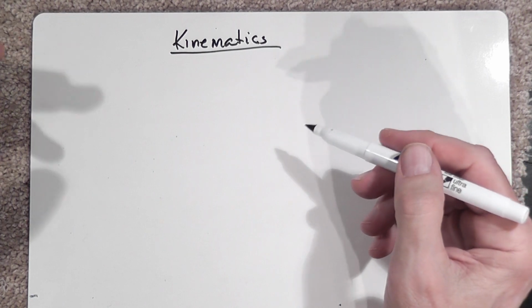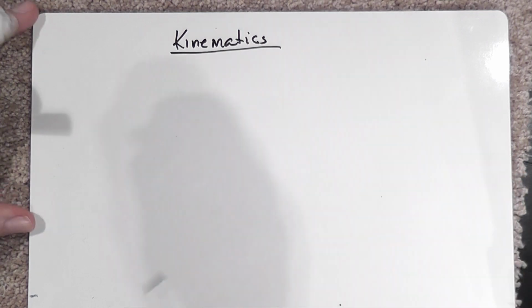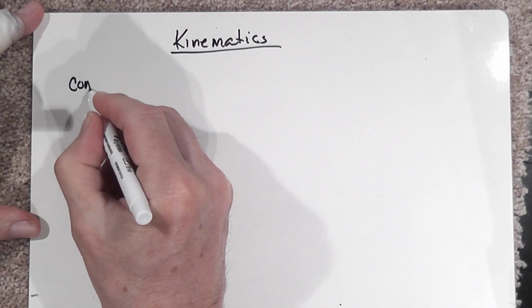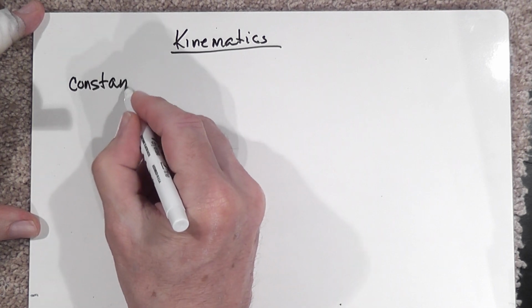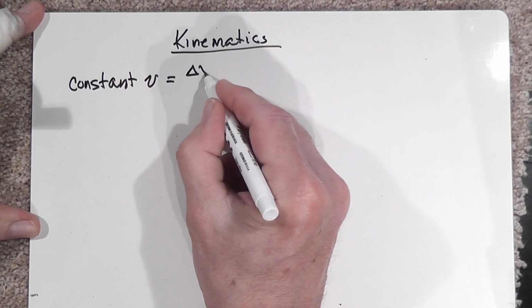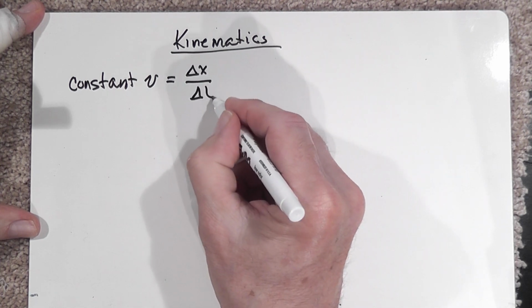Those are the types of equations you need to be familiar with if you're not already. So let's just take a look at what they are. Let's first start off with constant velocity. We'll define that. Constant velocity is equal to the change in displacement divided by time.